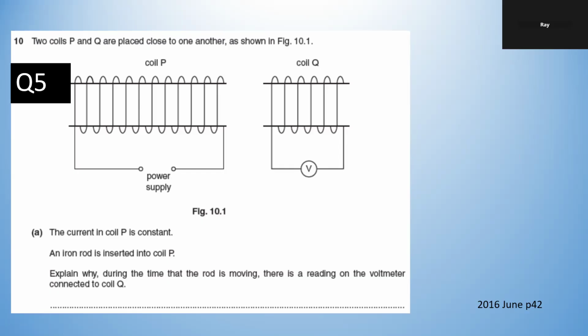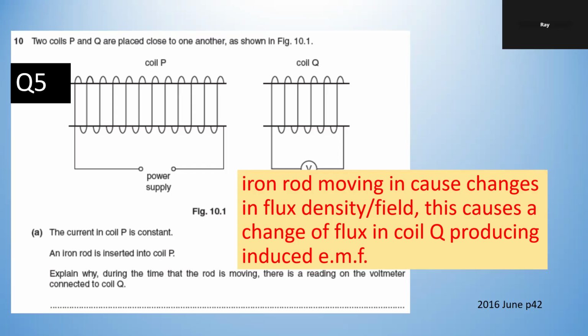When the iron rod moves in, it causes a change in magnetic flux density. This causes a change of flux density in coil Q, producing induced EMF.